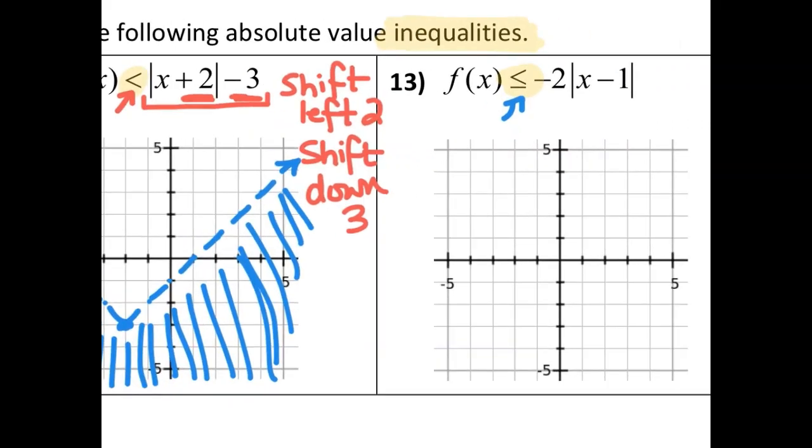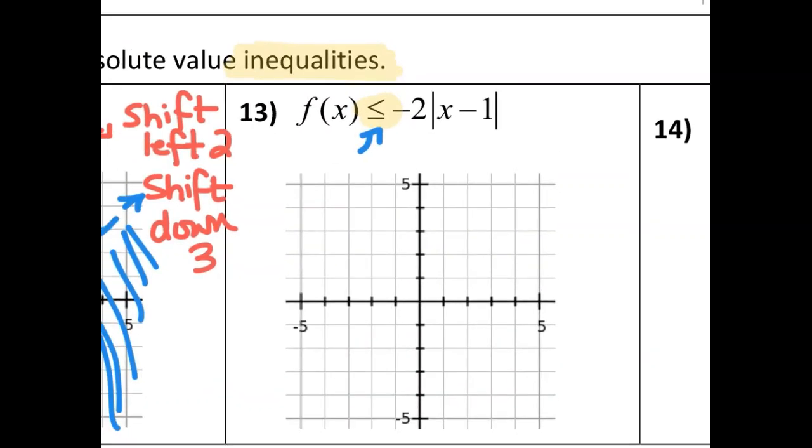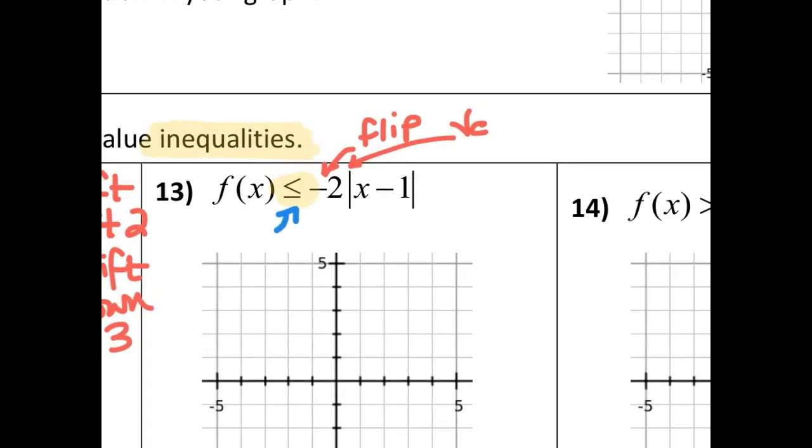Let's work on number 13. In number 13, I have a flip because of the minus. So this minus right here reminds me to flip. I have a vertical stretch, that means that my slope is going to be 2.